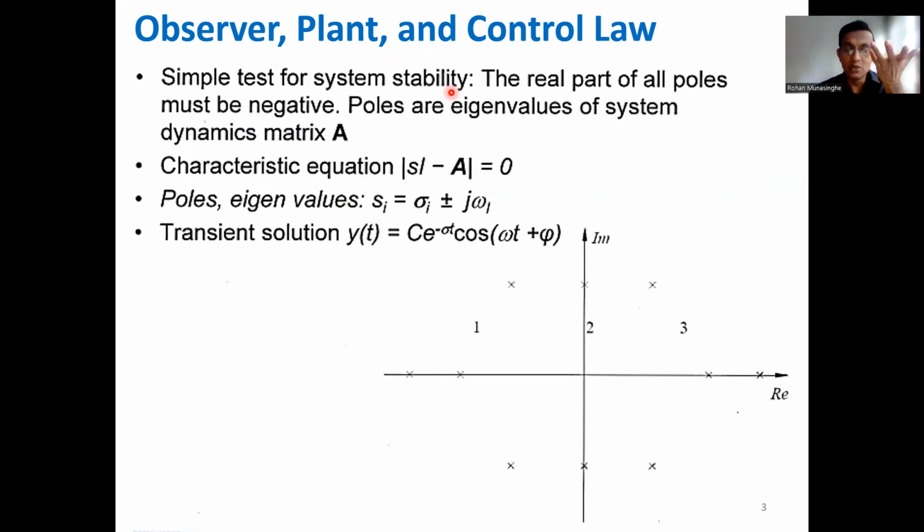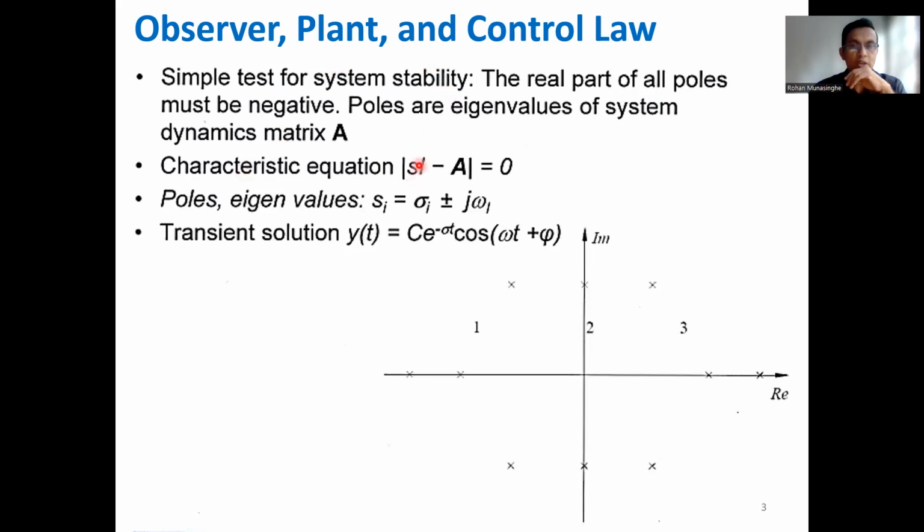You remember the characteristic equation: determinant of sI minus A equals 0. Once you know the system matrix, put it in here, get the determinant, set it to 0, and solve for eigenvalues.